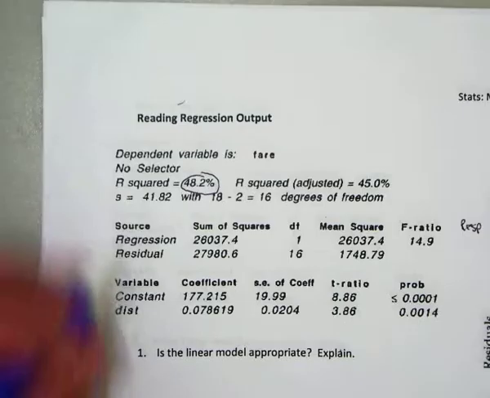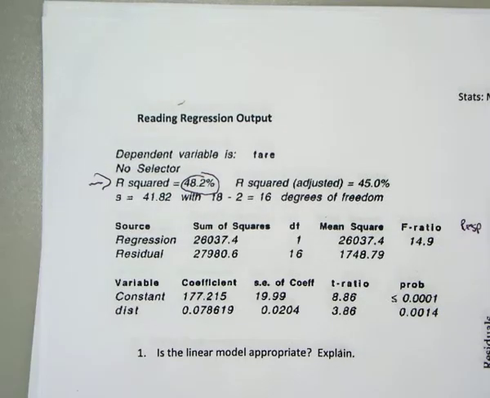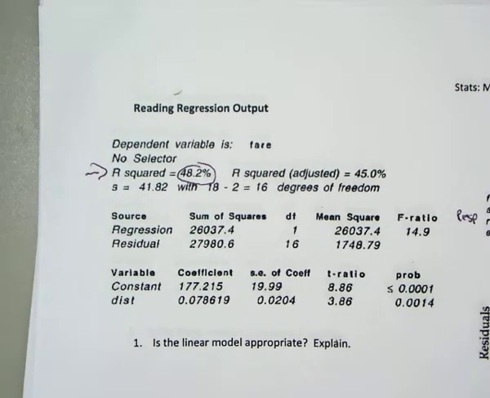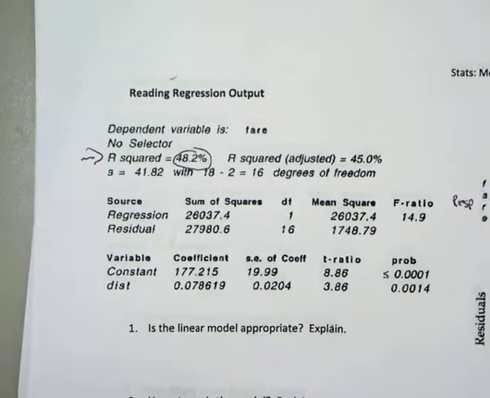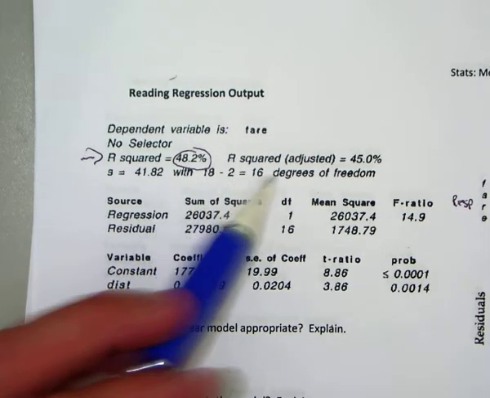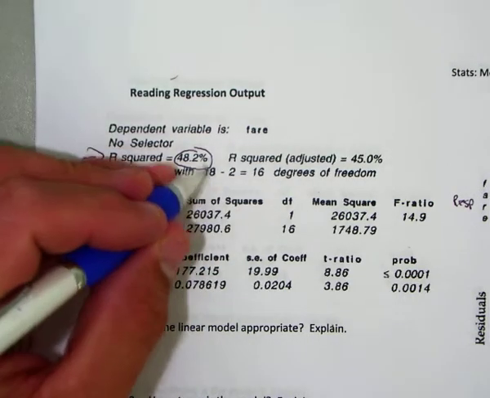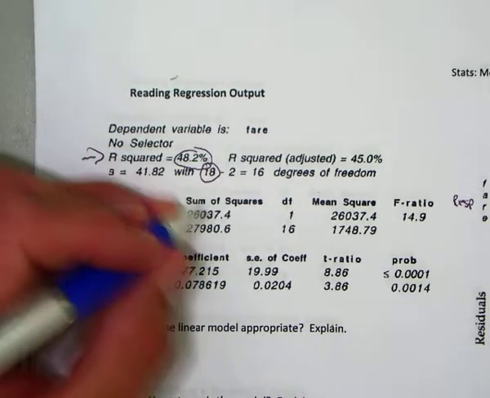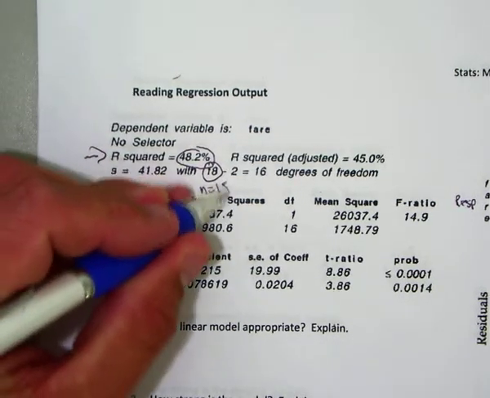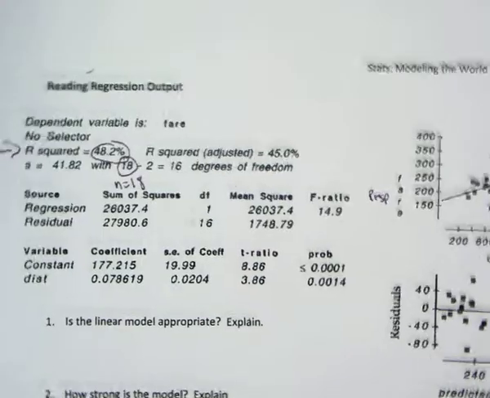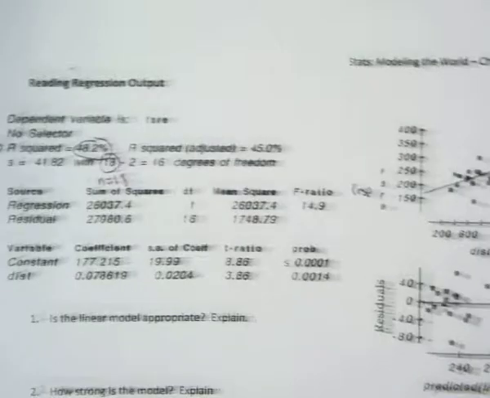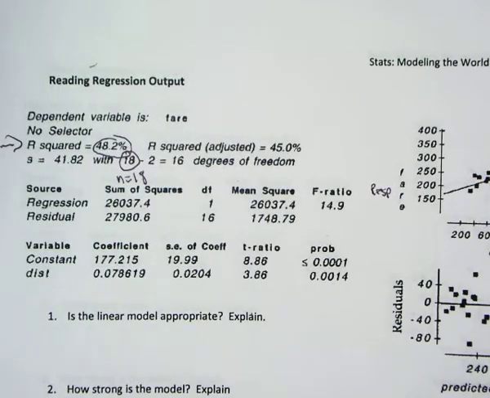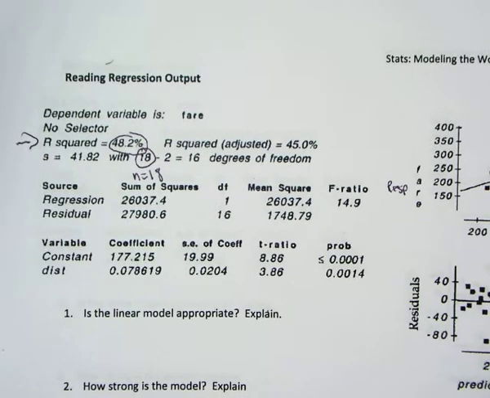Next, when you see this 18 minus 2 here, that means this 18 is n. So there are 18 points on that line. If you counted the points, you would see there are 18 of them. So there's n.